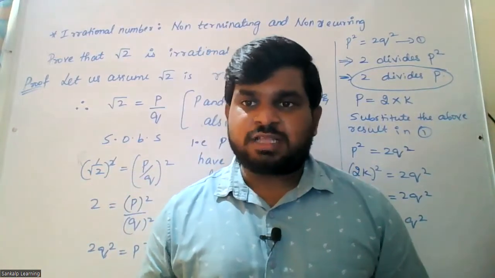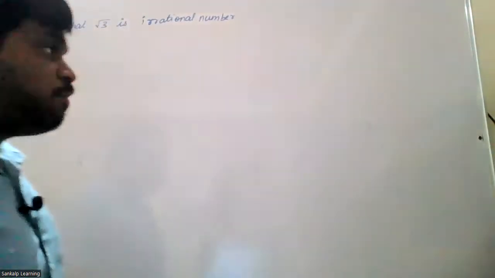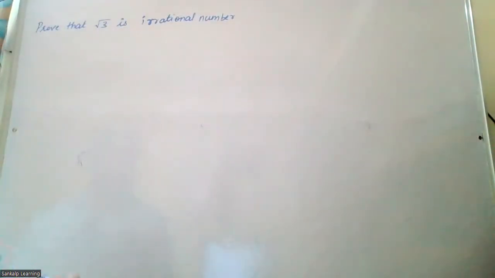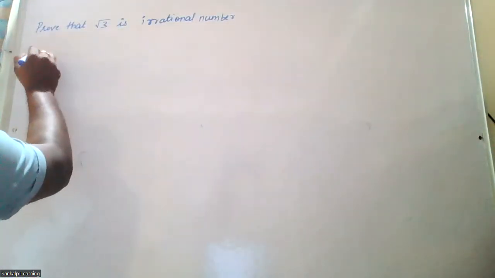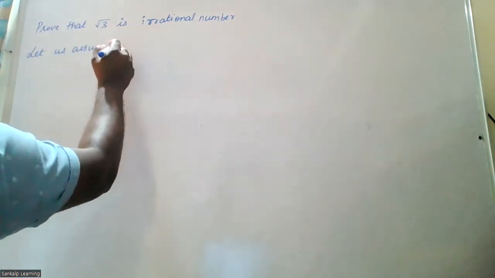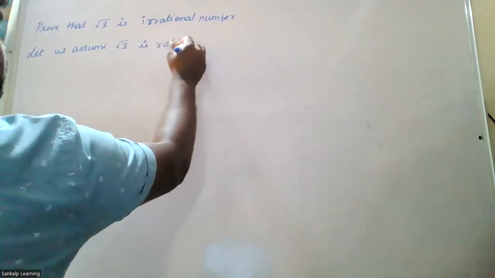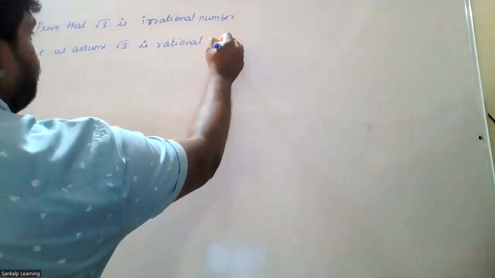Let's take one more. Let's prove root 3 is an irrational number. Again, the same thing by contradiction method. Let us assume root 3 is a rational number.